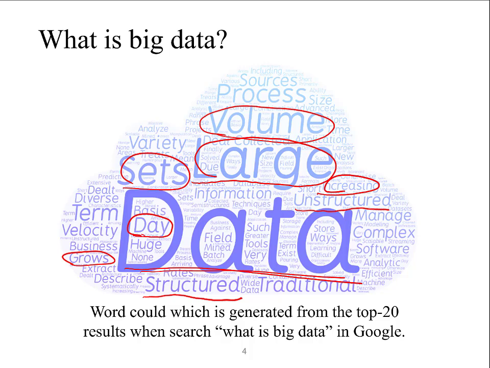So this is the so-called velocity of data. We also have manage, software, process, describe. So these words refer to the major operations when we deal with big data.